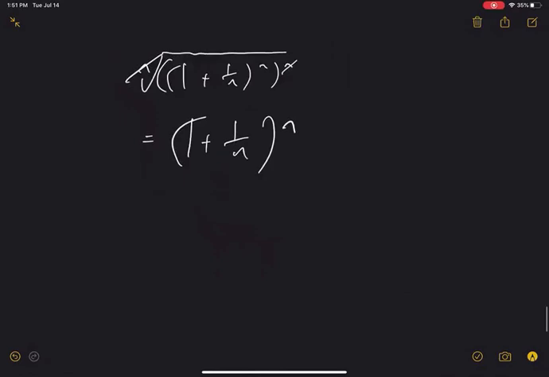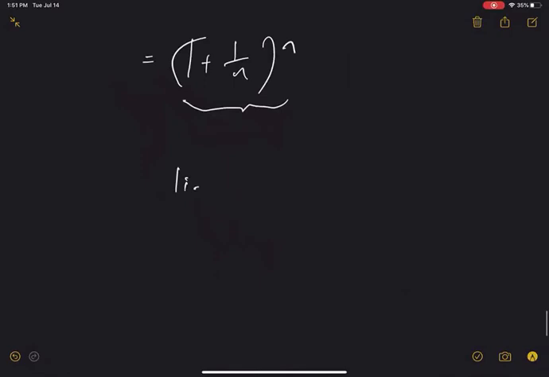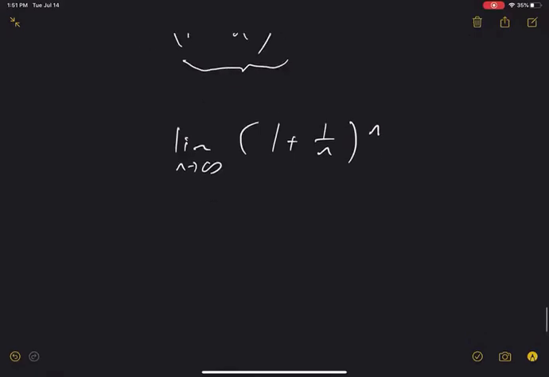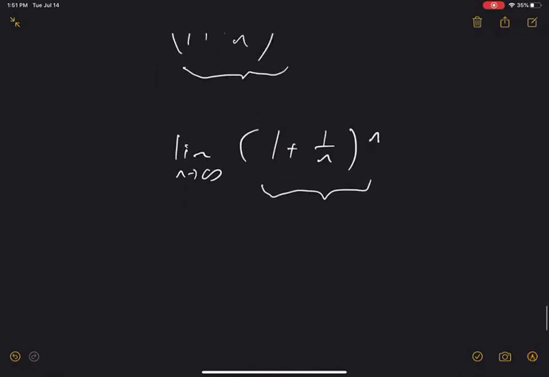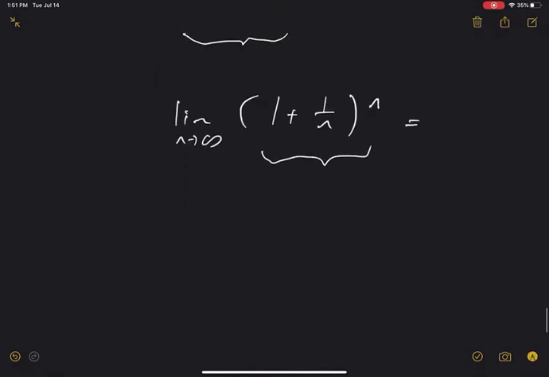this. And you might say to yourself, hey, that doesn't really help us, because now I need to take the limit of this thing, and I still have this power of n. I can't do that limit. Well, actually, you can. This is a very famous limit, the very definition of the number e: the limit of (1 plus 1 over n) to the power n converges to that number e, which is 2.718, something like that.